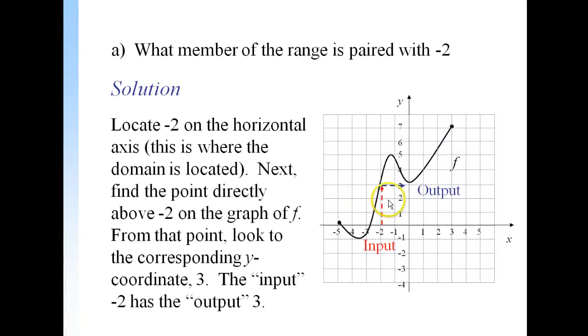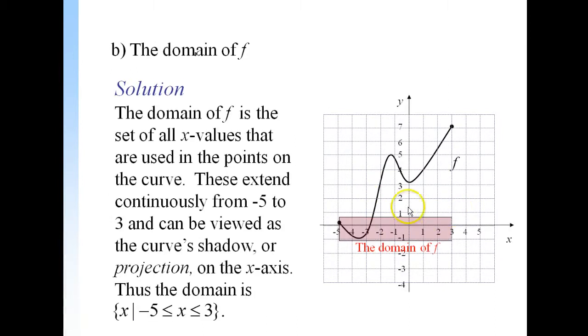So notice here they're saying that when they're asking to locate -2, which is right there, you see it's about a 3. That's what we had said. And for this one, for domain, it starts at a -5, and it goes to the 3. Remember, the domain are the x values.